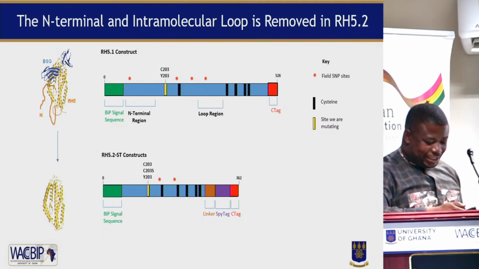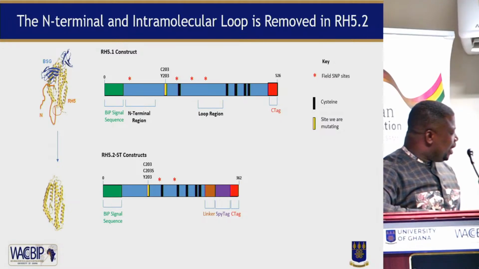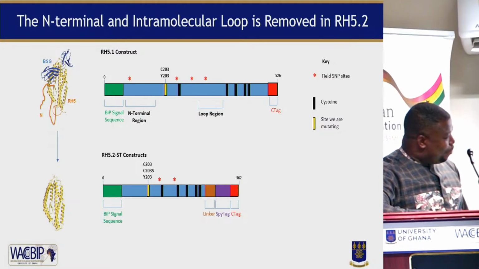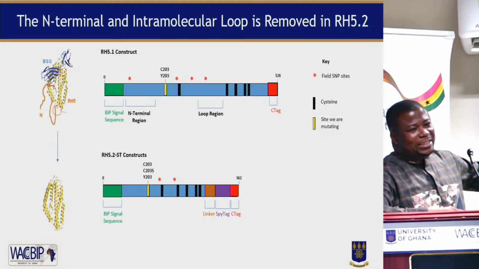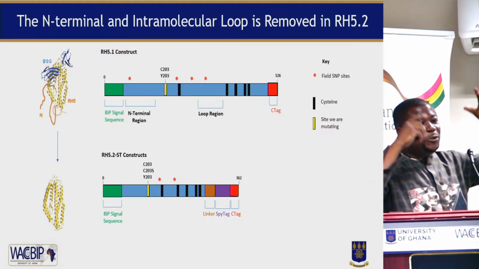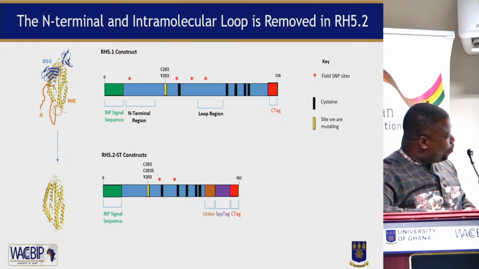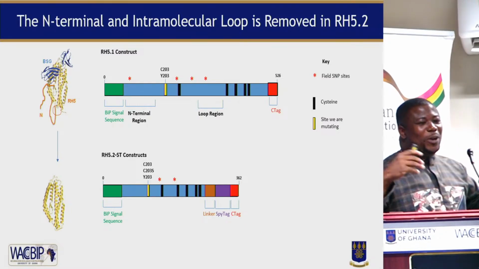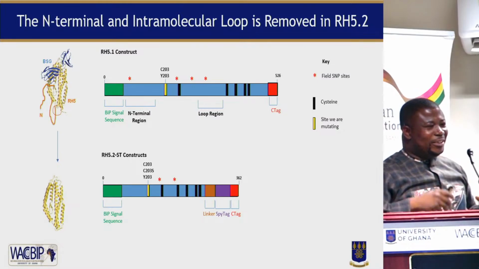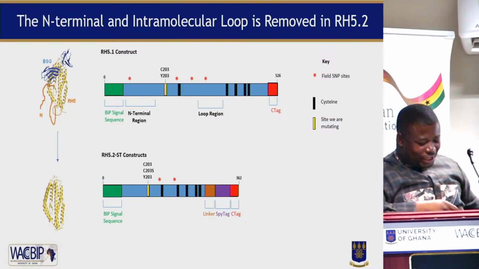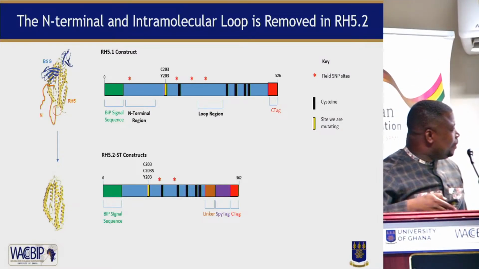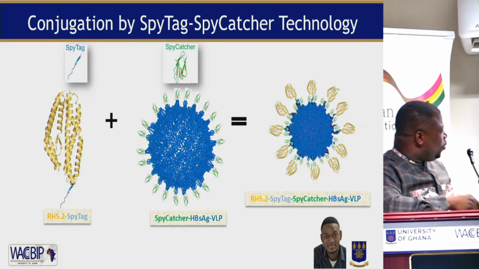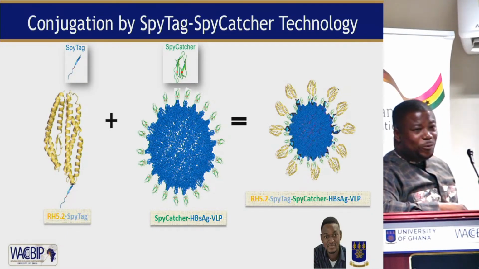In this case, we use the hepatitis B surface antigen, but to be able to get the antigen, which is RH5, to the surface, we have to put a tag we call spike tag. This spike tag will allow it to sit on the viral particle surface so that it's easy to study. So in essence, if you look at the RH5, this is what it is.